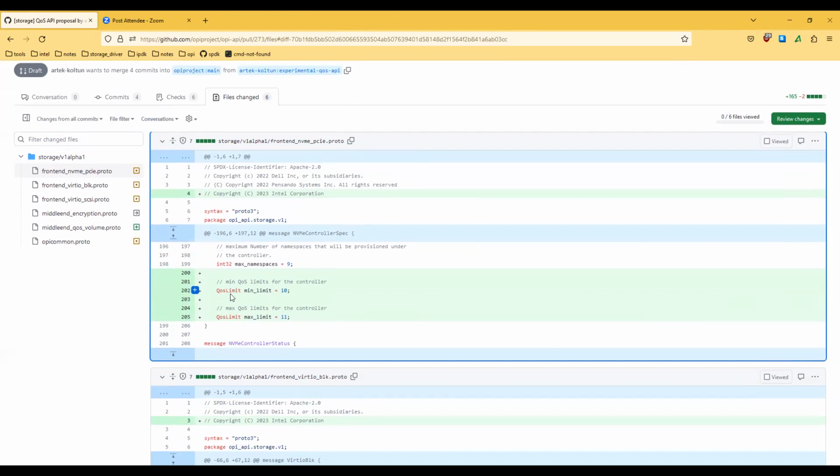Like in NVMe, you can have multiple namespaces, and we apply those limits to all namespaces in this controller. So if you run the traffic through, for example, 3 namespaces, and we have a max limit, for example, the overall traffic cannot be greater than, for example, 10 gigabytes per second, right?